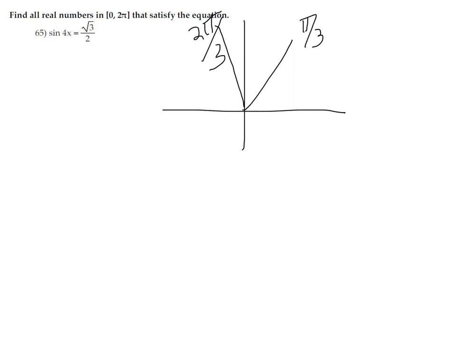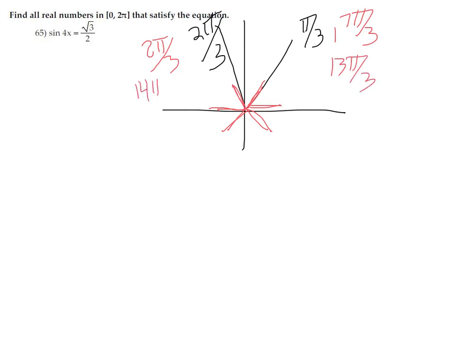So if we wanted to add in pi thirds, and this is kind of a nice way to do it: pi thirds, 2 pi thirds, 3 pi thirds, 4, 5, 6, 7 pi thirds. We're now in the second time around the circle. 8 pi thirds, 9, 10, 11, 12, 13, 14, 15, 16, 17, 18.